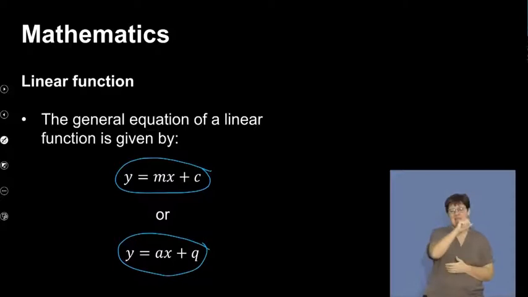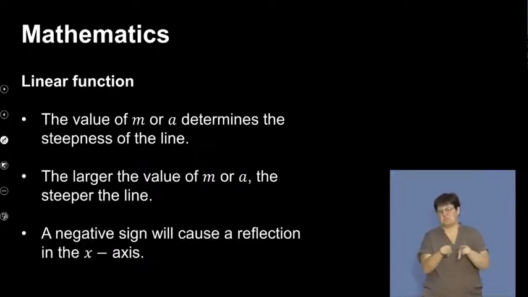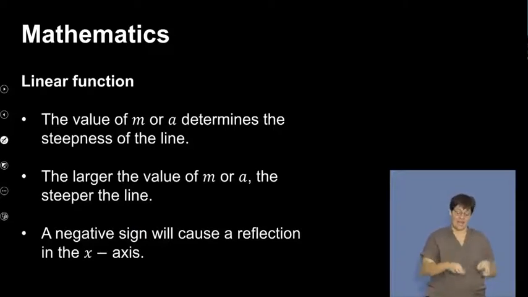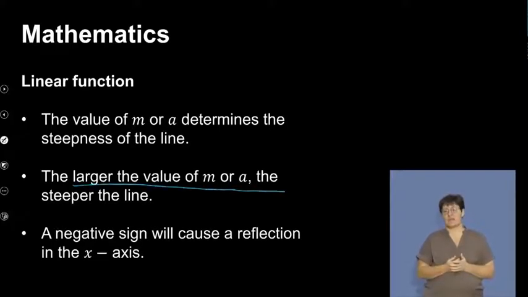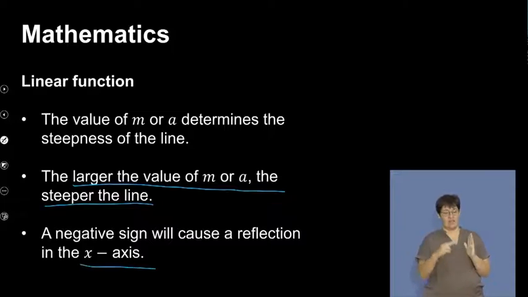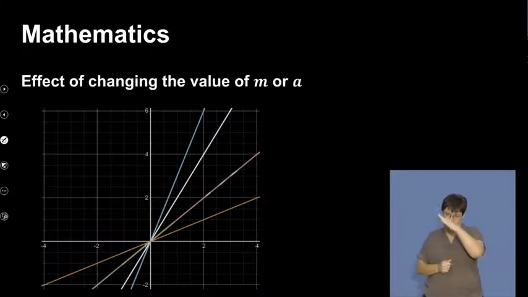Now the value of m or a determines the steepness of the line. The larger the value of m, the steeper the line. And remember the negative sign will cause a reflection in the x-axis, where the direction then changes.